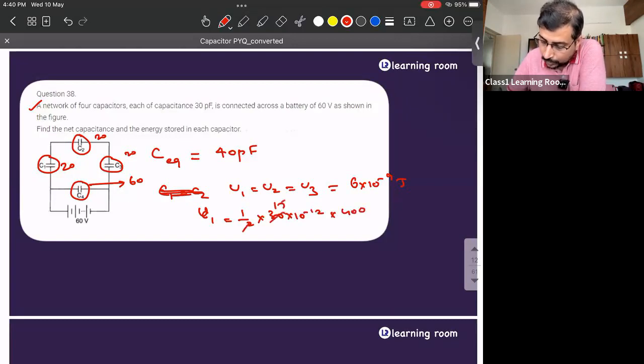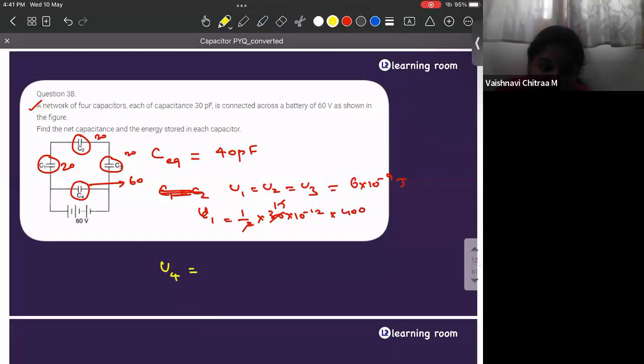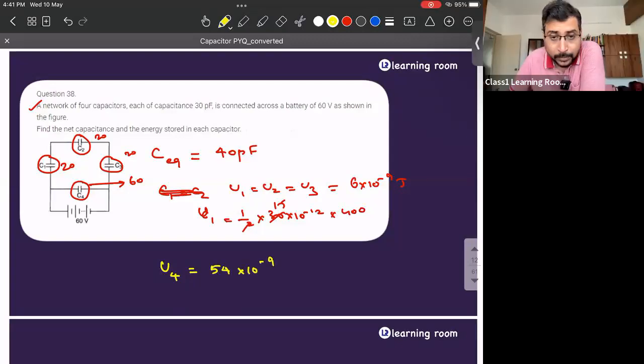Correct. So it will be 6 into 10 power minus 9. Then what about U4? It's 54 into 10 power minus 9 joule, that is 54 nanojoule.